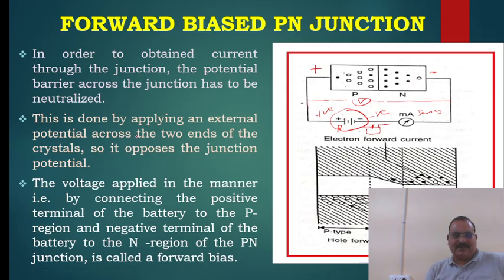Then there is development of a forward biased PN junction. Forward biased PN junction, right? So this is your first type, where you modify your ordinary PN junction diode to a forward biased PN junction diode.